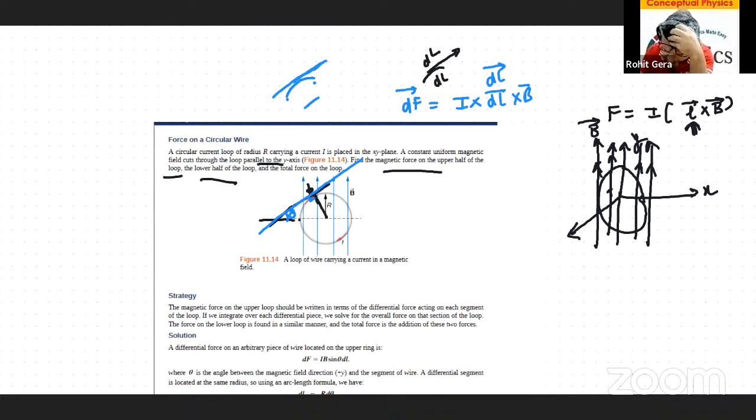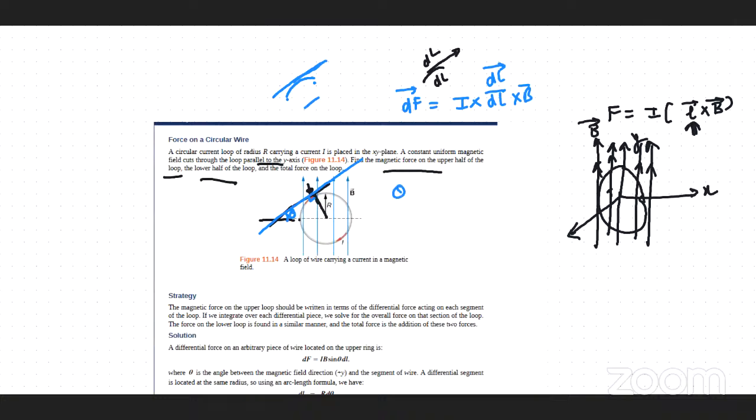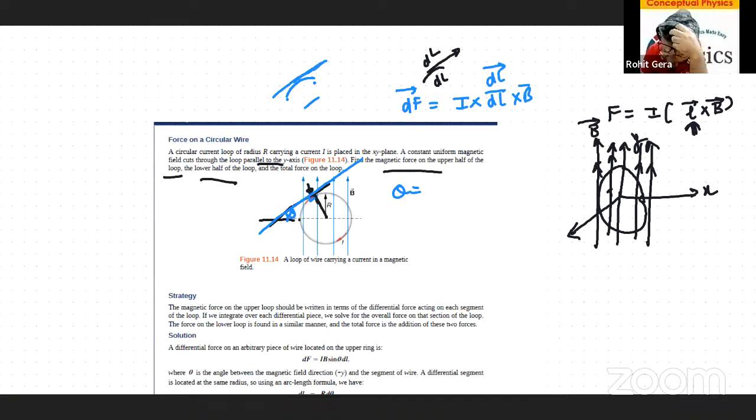So you can see there is an angle also. This is with the x-axis. The angle of dl with the x-axis is theta, because the tangent on the dl is this. But you are worried about this angle, the angle between B and the dl.